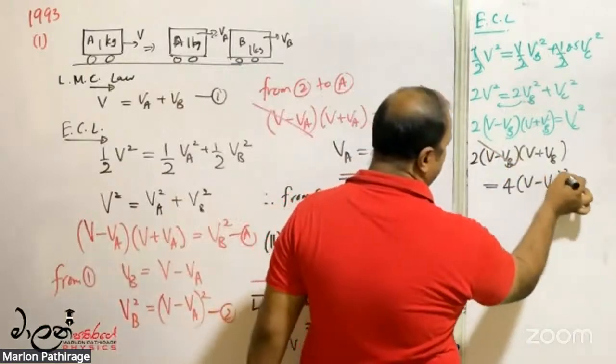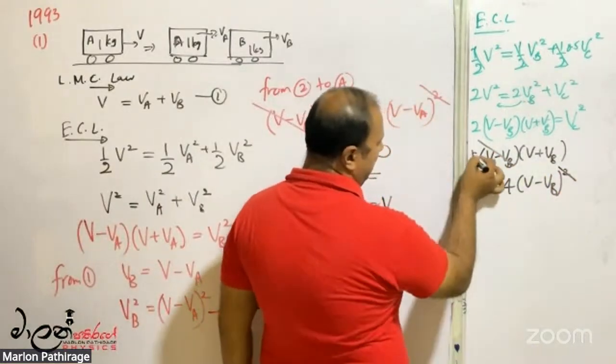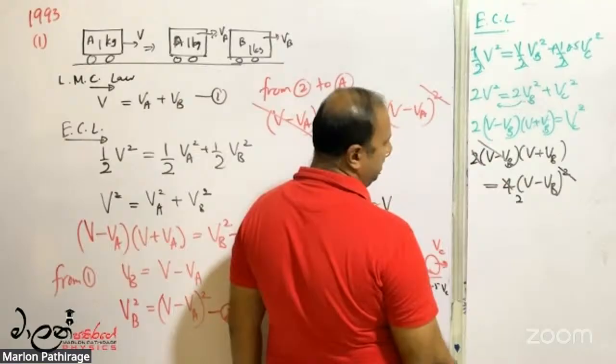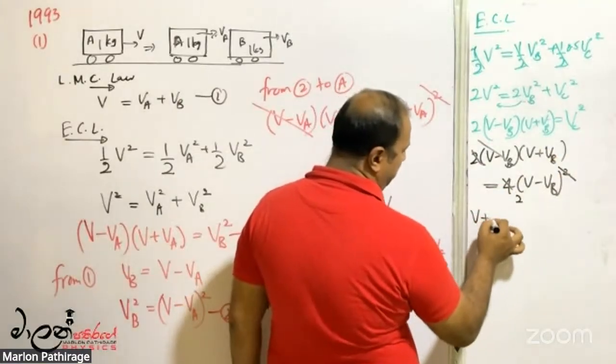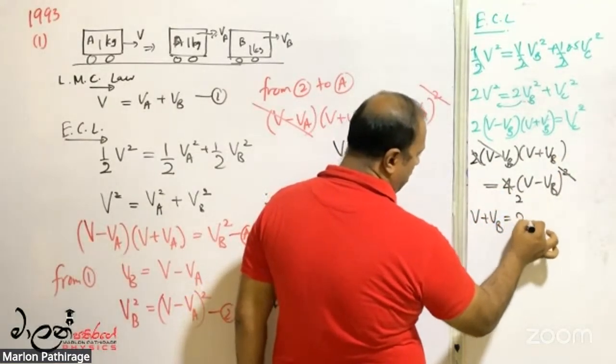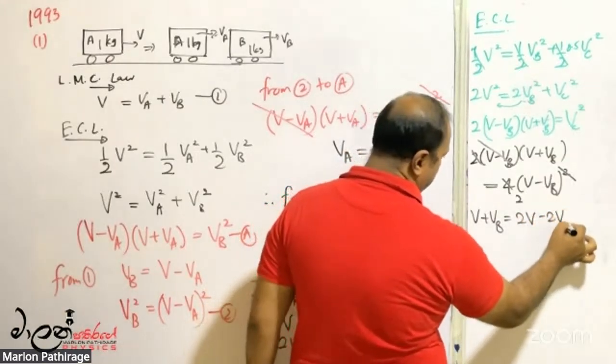Therefore, this one will be cancelled out. Here to here, 2. Therefore, v plus v_B is equal to 2v minus 2v_B.